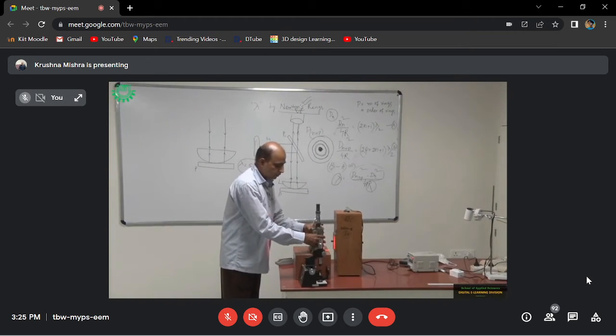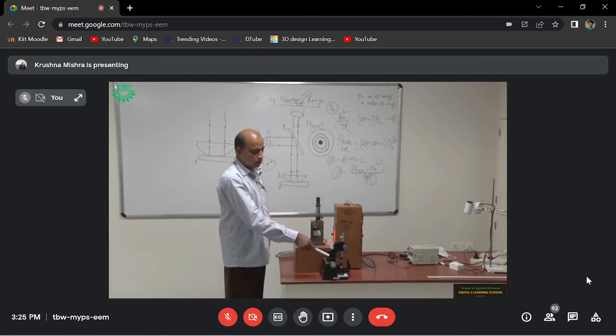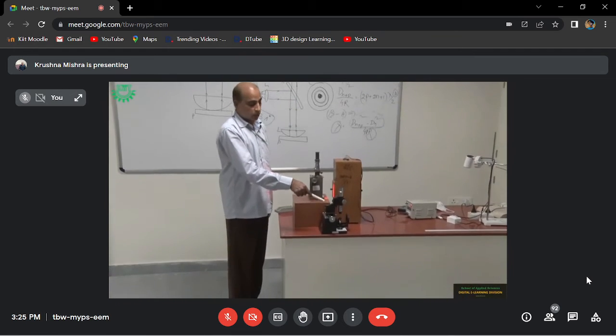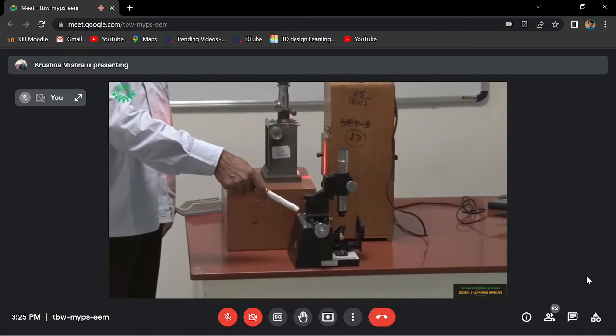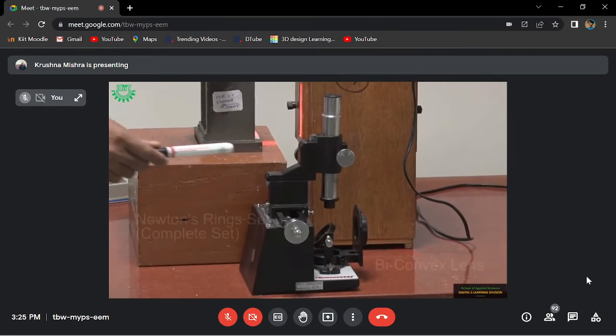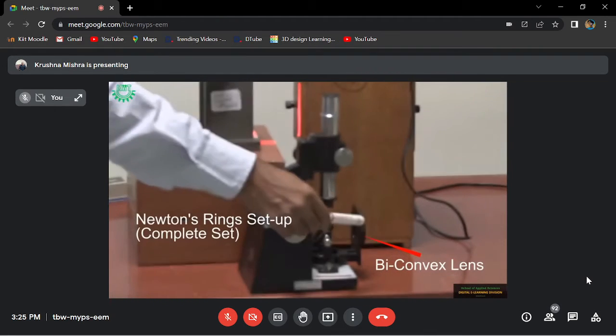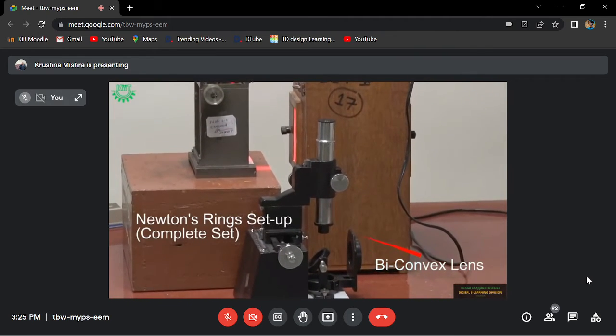Here you can see this is a compact set. All the apparatus are assembled here, so this is a complete setup, and in this setup, this is a converging lens.